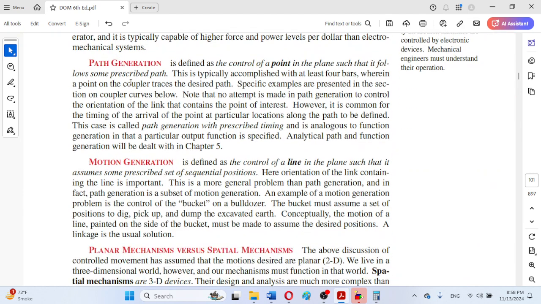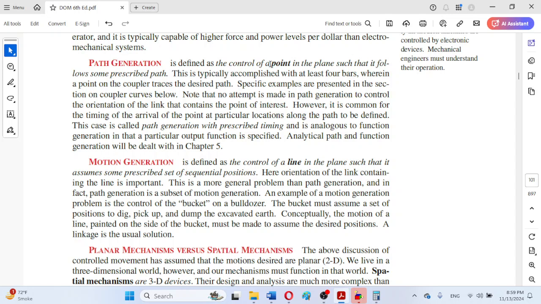Similarly, the other type is path generation, in which a specific point on a link that is in complex motion, for example the coupler link, is controlled to obtain a specific path.